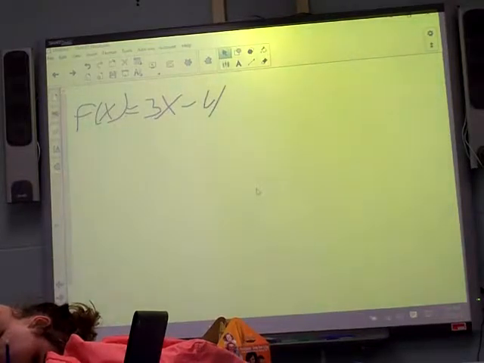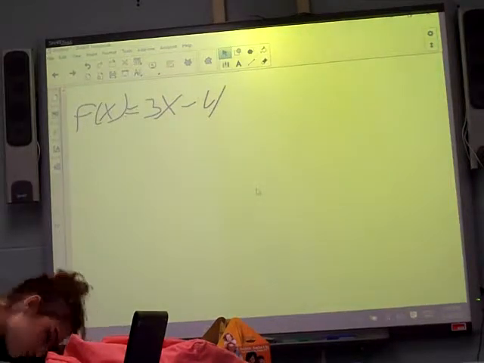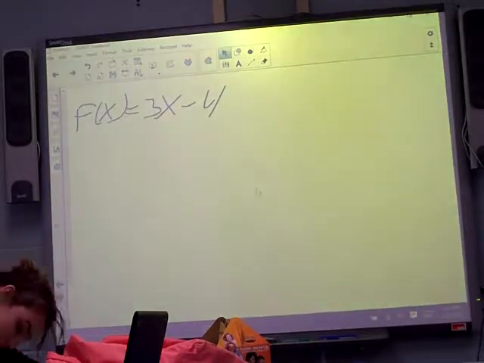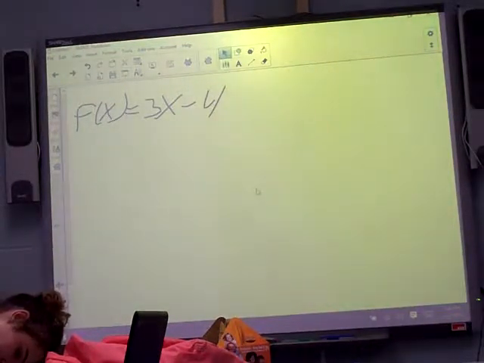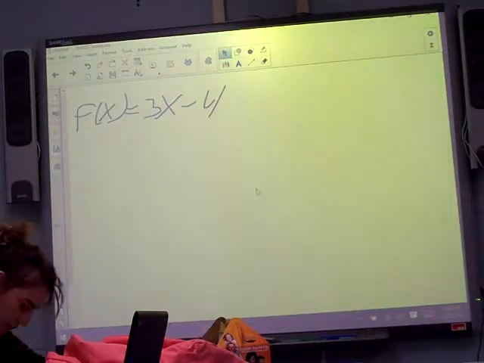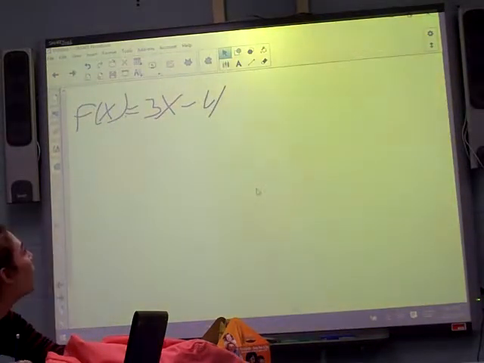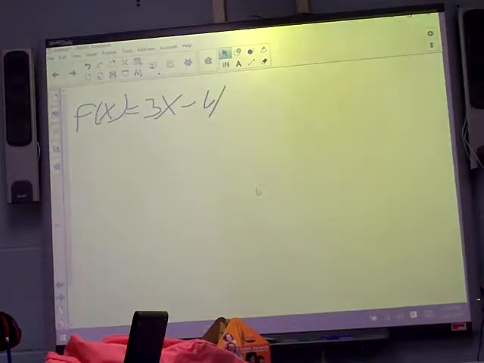The directions for this say decide whether the equation is a one-to-one function. If it is, write the equation for the inverse. So the first thing we have to do is decide whether it's one-to-one, and we're going to do that just based on past knowledge or using our graphing calculator if we don't have any past knowledge. I know what that forms the graph of. Most of y'all do also. 3x minus 4 makes what kind of graph?